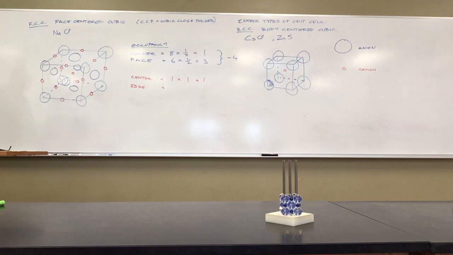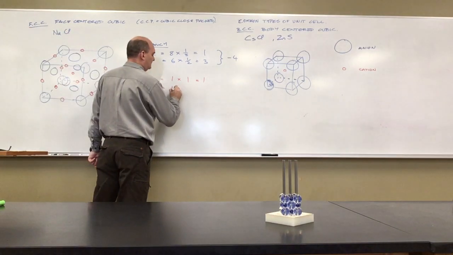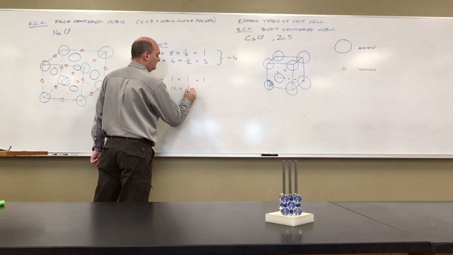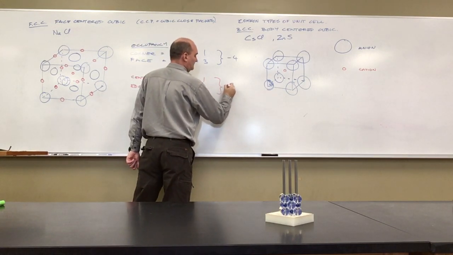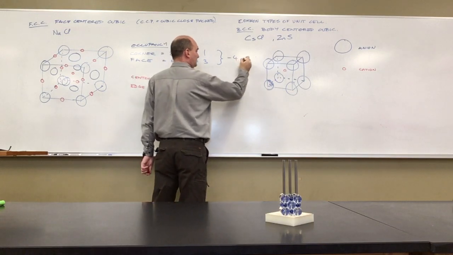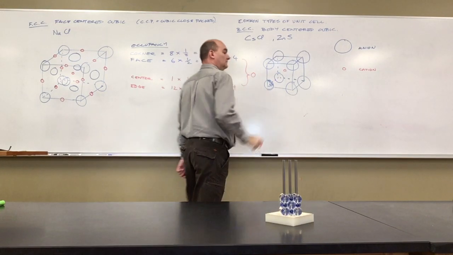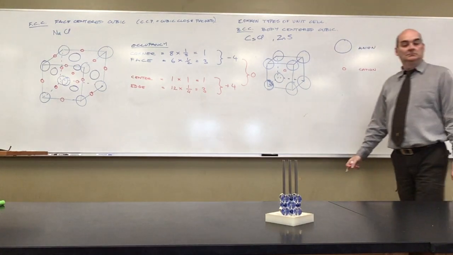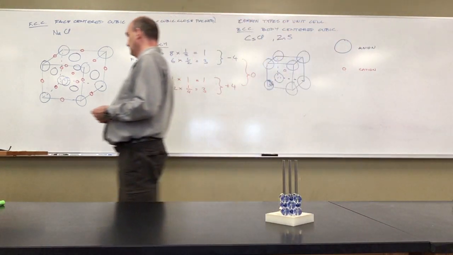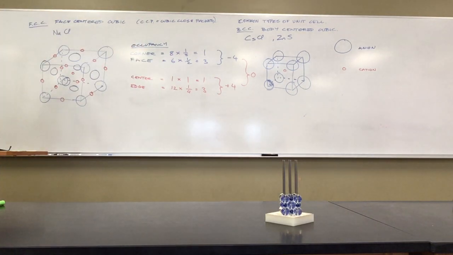How many edges do I have? 12. And how much of each of those cations is inside the cube? 1/4. And the +4 and the -4 cancel each other out. Okay.